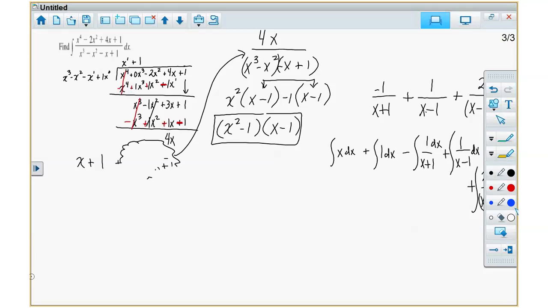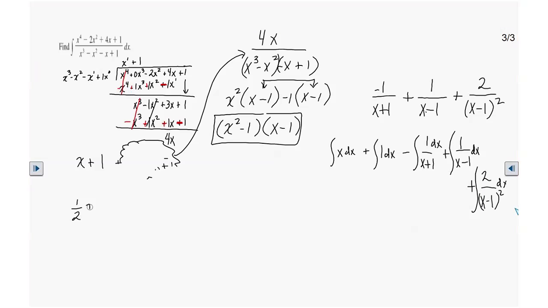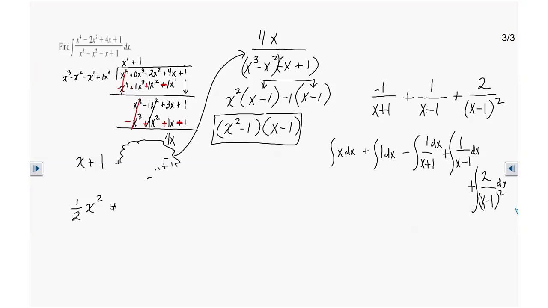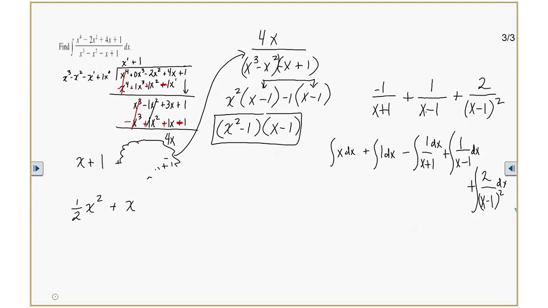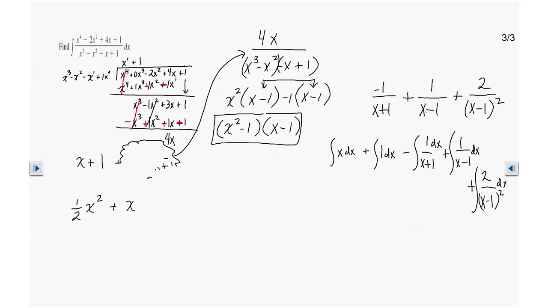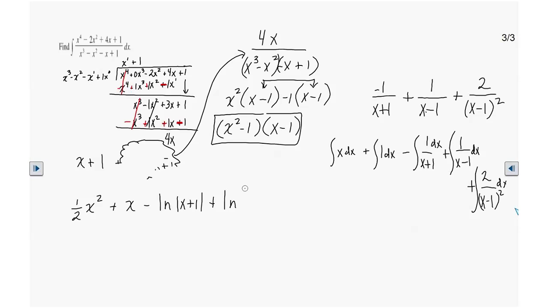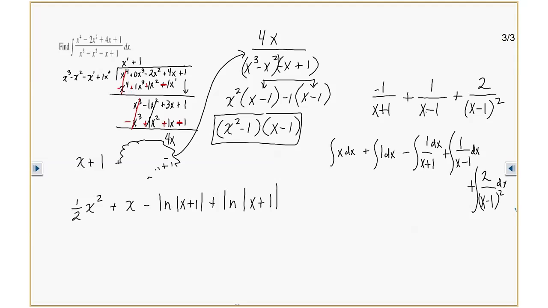That's all right. All right, the first one, the antiderivative of x is what? 1/2 x squared, right? And then plus x, minus the natural log of x plus 1, plus the natural log of x plus 1, which that does what? That cancels out.